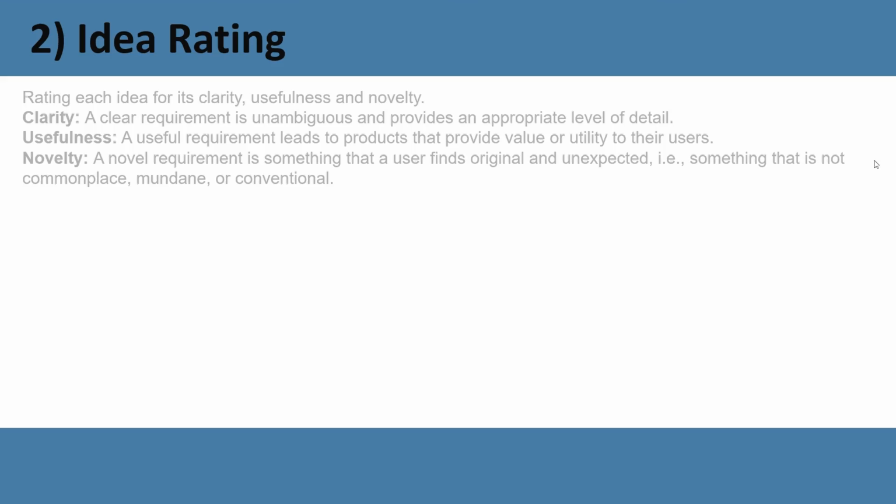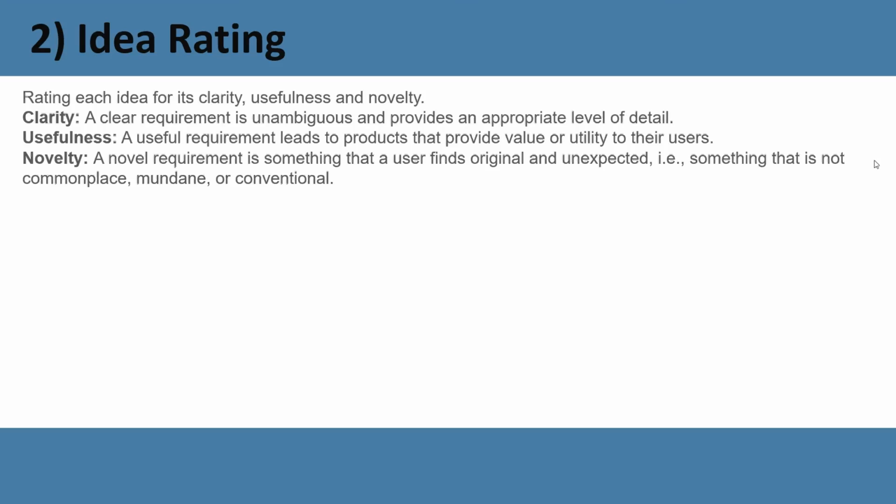After idea generation, the workers do the idea rating. They rate each idea for its clarity, usefulness, and novelty. A clear requirement is unambiguous and provides an appropriate level of detail.